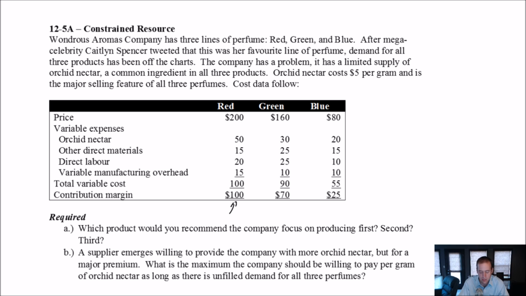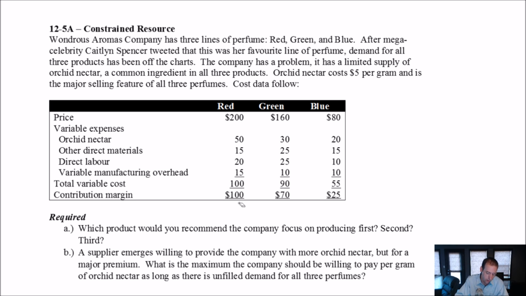Why? Because it profits us $100. The contribution from each sale is $100 per unit. It's the most. So if I could sell 100 units of red, 100 units of green, 100 units of blue, I'd take red all day, every day. Red makes me the most money per unit. That's the one I'd like to sell.